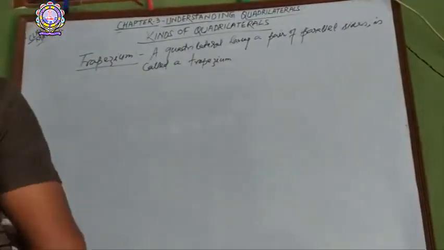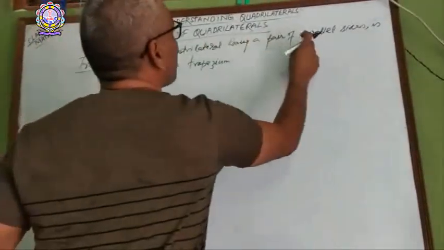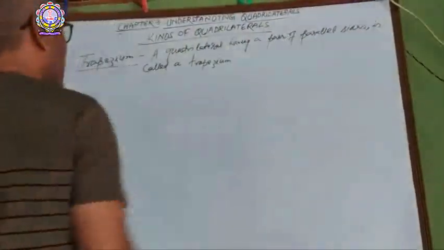This is the definition of a trapezium. A quadrilateral having a pair of parallel sides is called a trapezium.